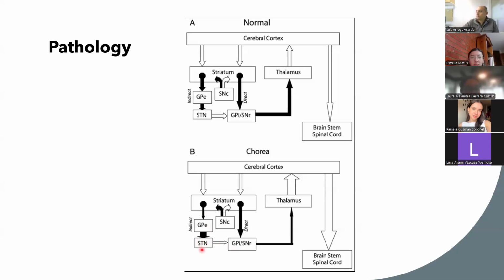And these will have less excitation to the globus pallidus, which will reduce the activation of the thalamus, and this thalamus will over-excite the cerebral cortex, and then we will have more movements than before.